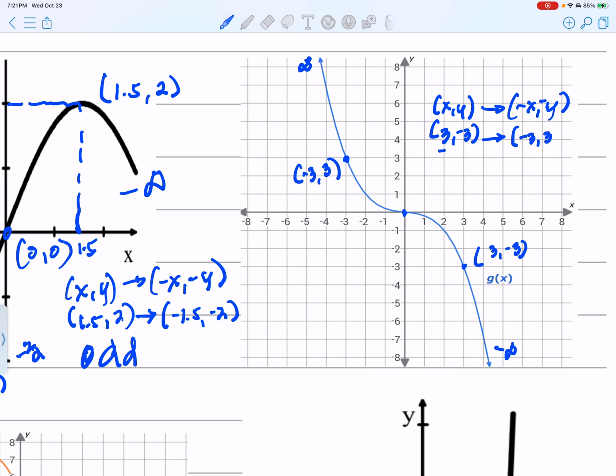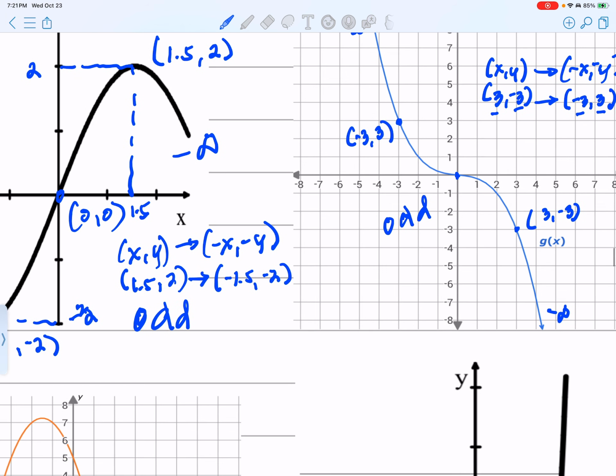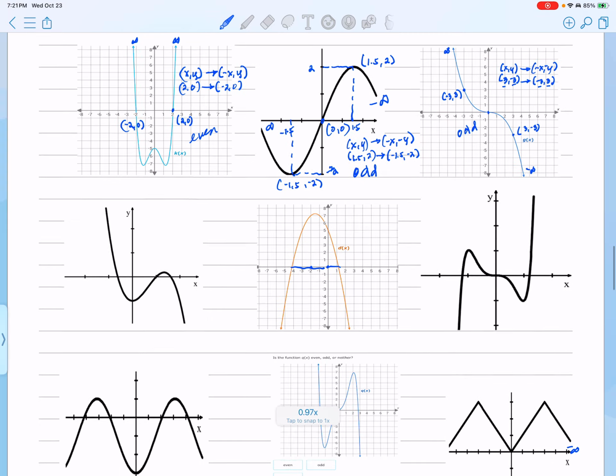So what's the opposite of 3? Negative. What's the opposite of negative 3? It's positive. That means this is an odd function. Okay. Let's do another graph.